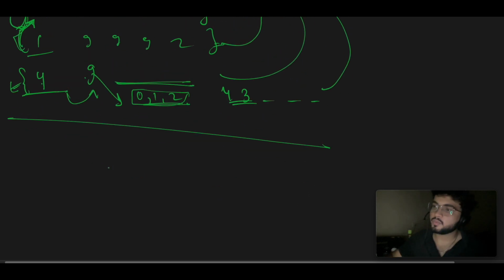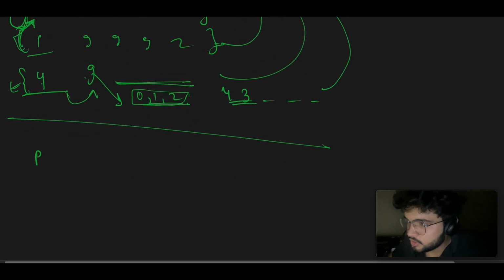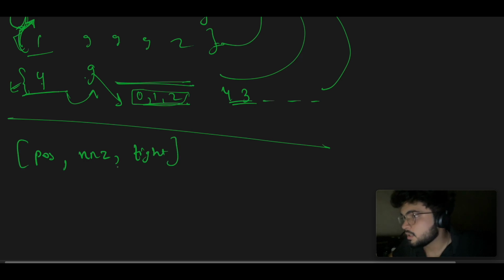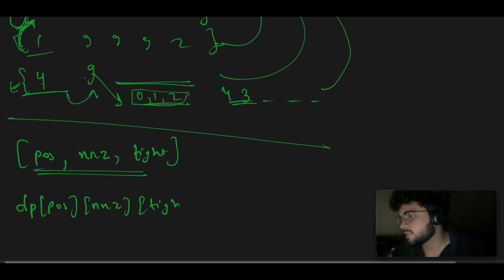What were the states that we talked about? It was position, it was number of non-zero digits, and tight. Okay, so these three will make the DP states for this problem. So DP of pos, NNZ, and tight, what will this signify?